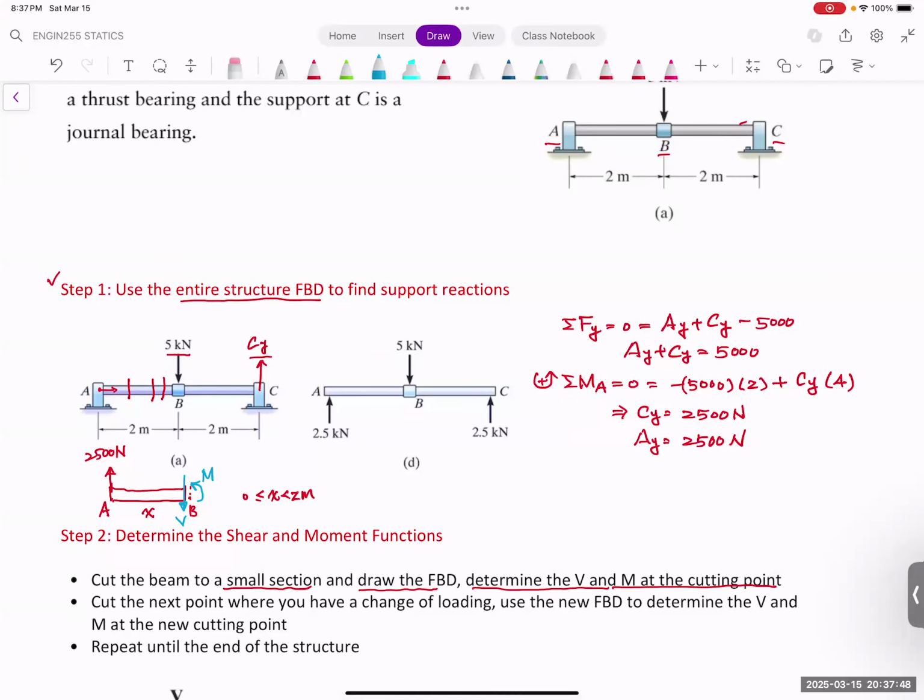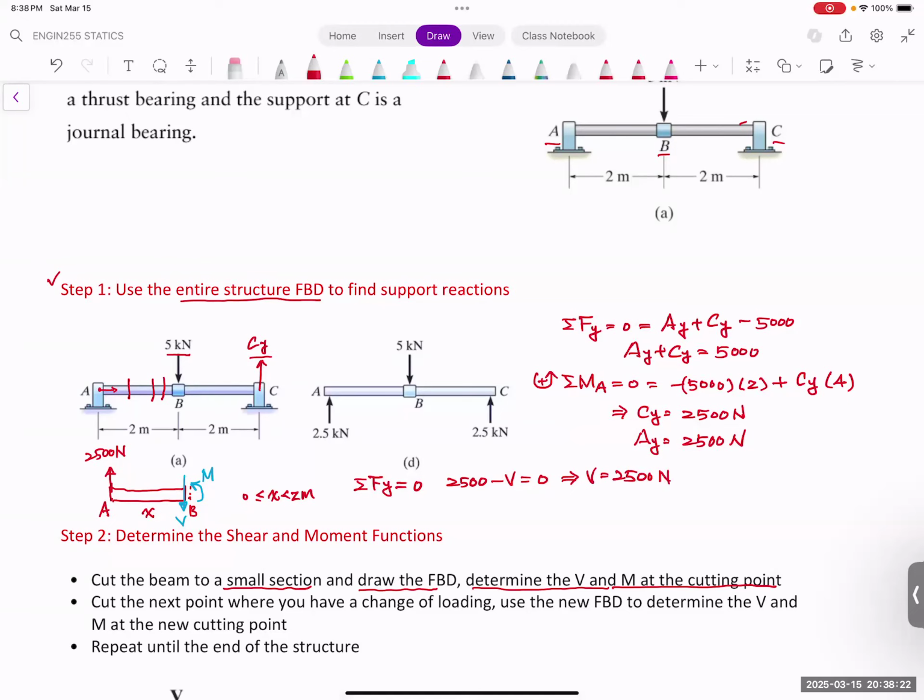So how do we find the V? If you look at this diagram, we simply just use the same summation F Y equal to 0, and we have 2,500 minus V equal to 0. So my V is simply just 2,500 Newton.